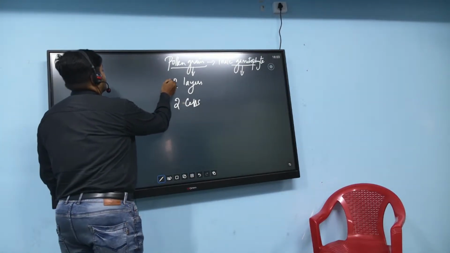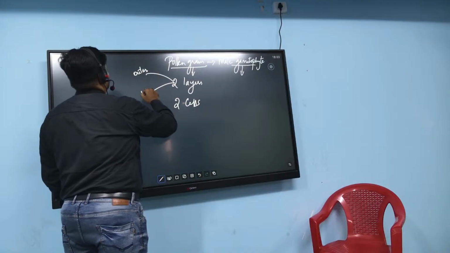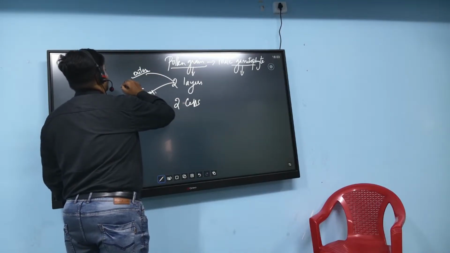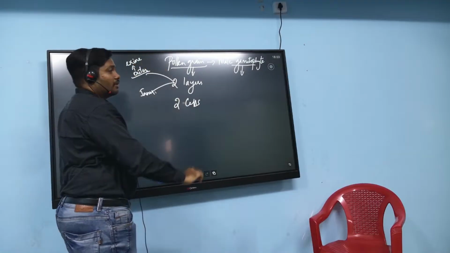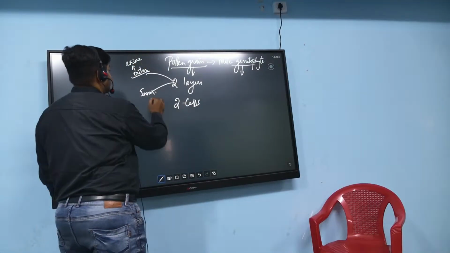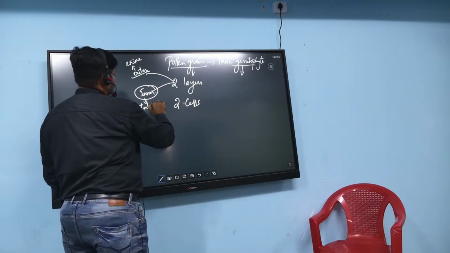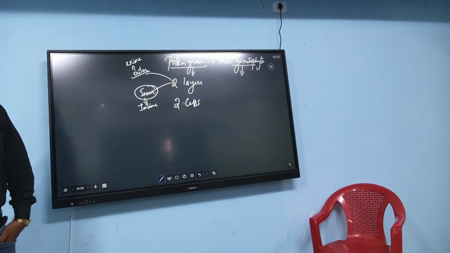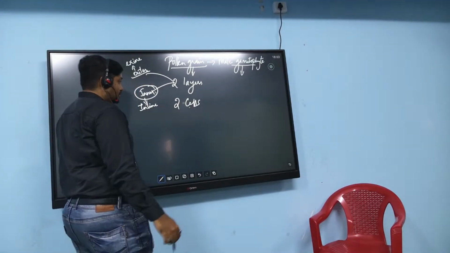The two layers are the outermost layer and the innermost layer. The outermost layer is exine and the innermost layer is intine.